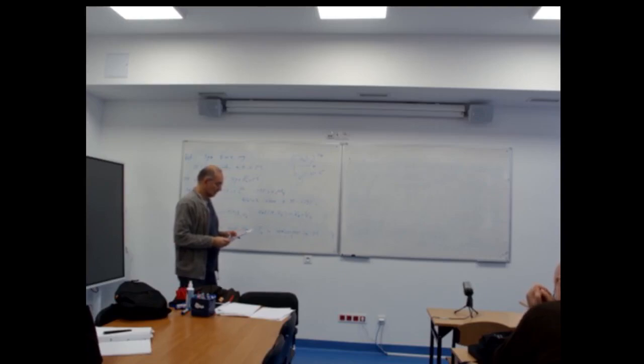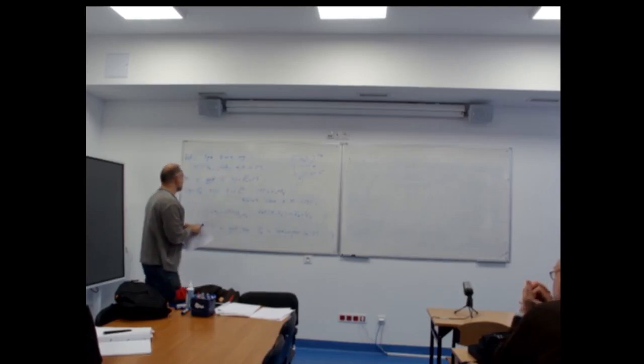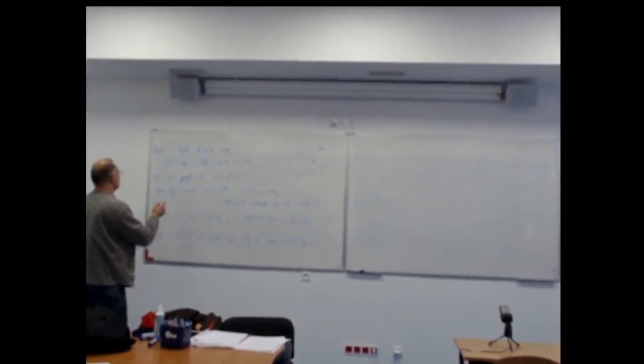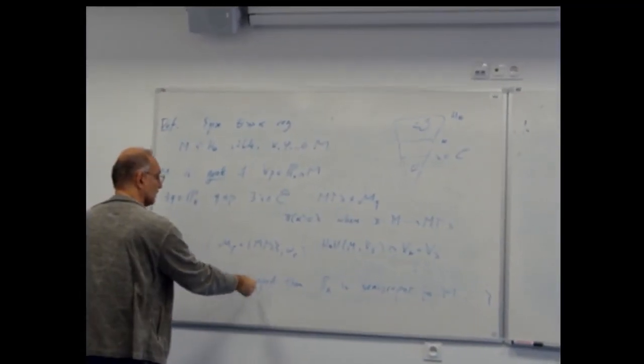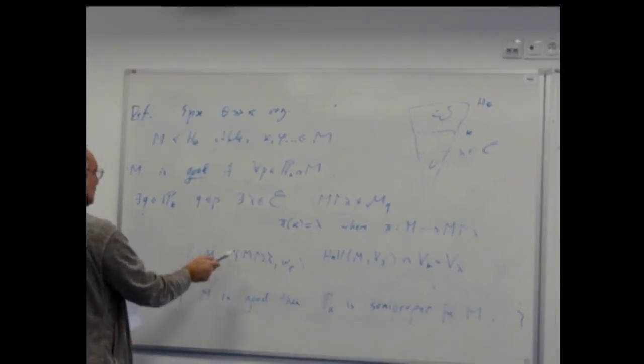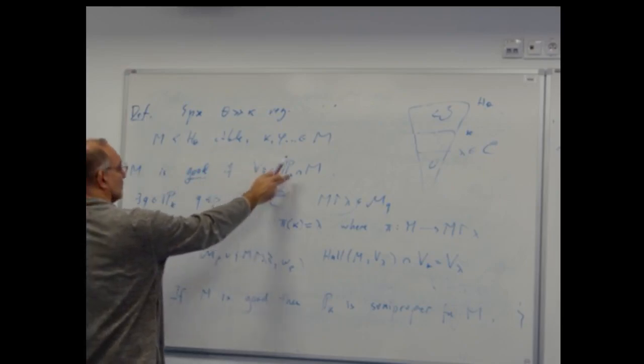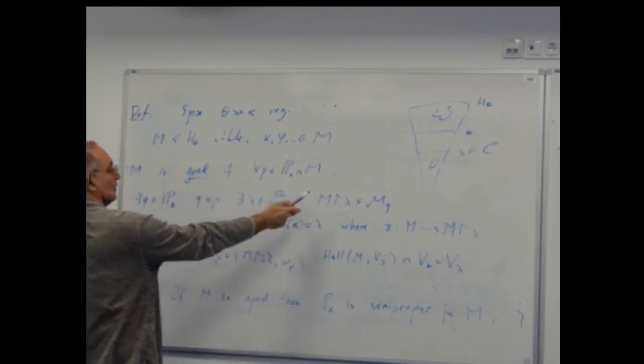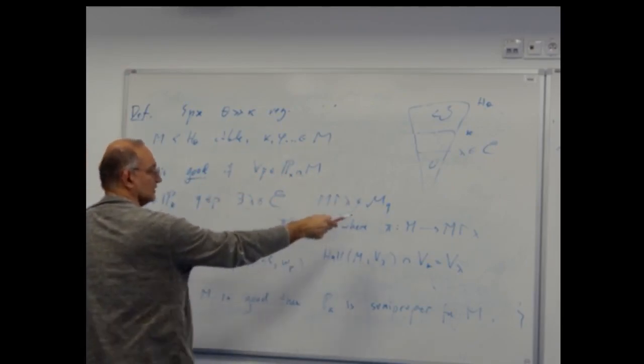So, suppose you have this situation, and I want to prove this. You give me a condition M and I find Q, such that M, and for some lambda, this is the case.